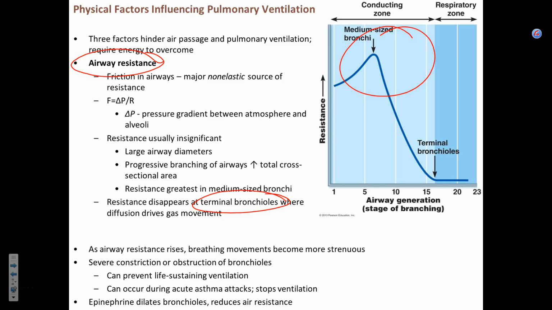Okay. Now, this is the point here, non-elastic source of resistance. What does that mean? Can you imagine the straw? The wider straw is easier to breathe through than the smaller straw. Good? When we say elastic, think of the balloon. What do you do with the balloon? Inflate.